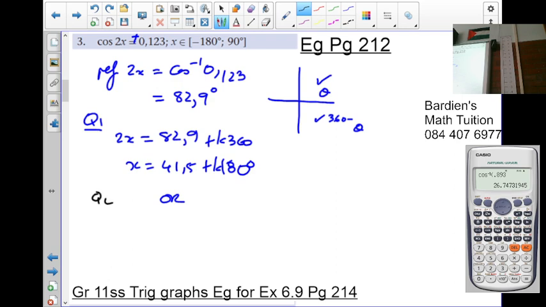Quadrant 4, 2x is equal to 360 minus 82.9 plus k times 360. Okay?